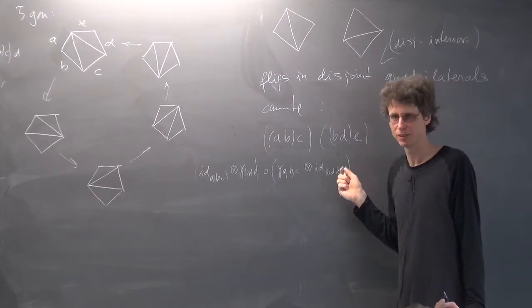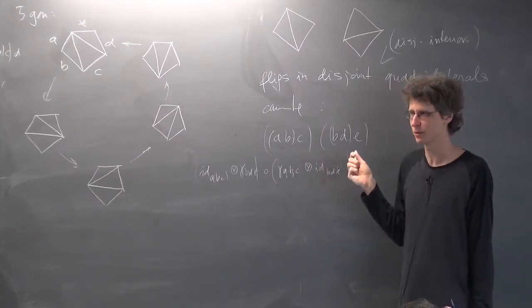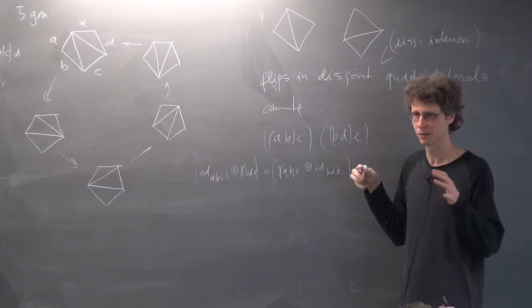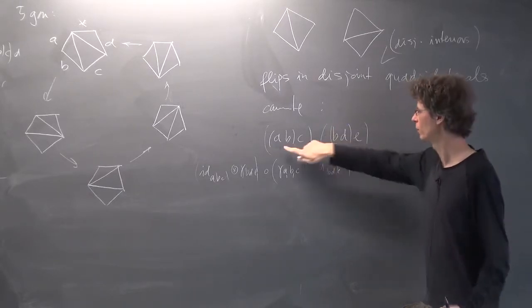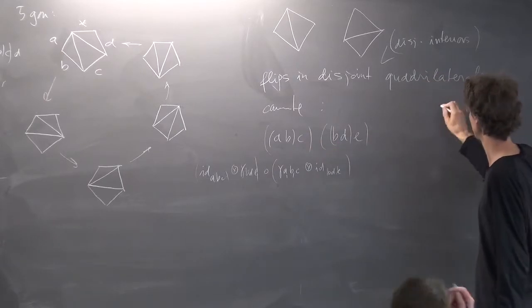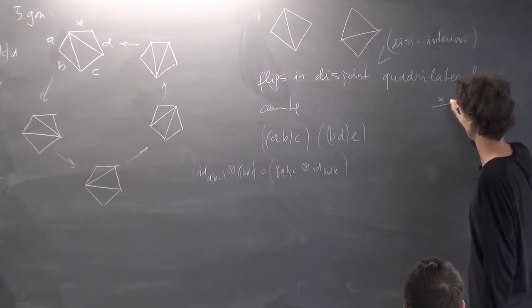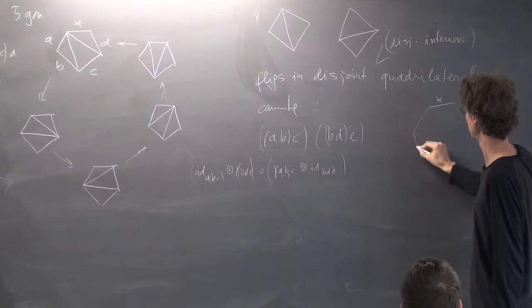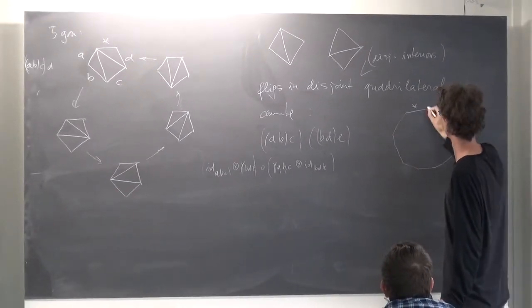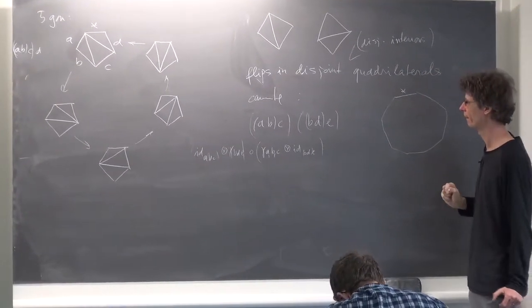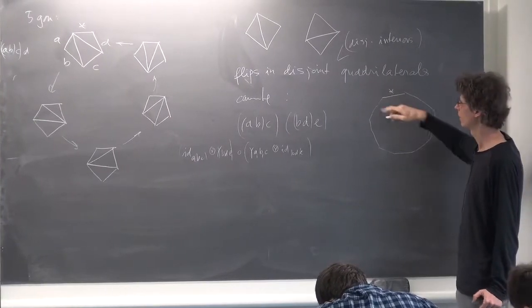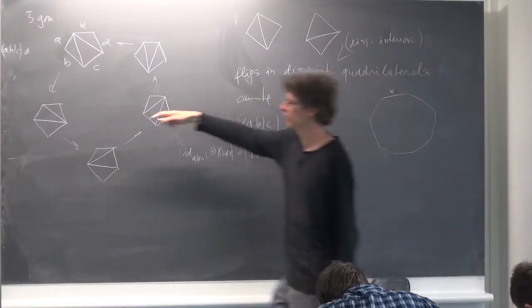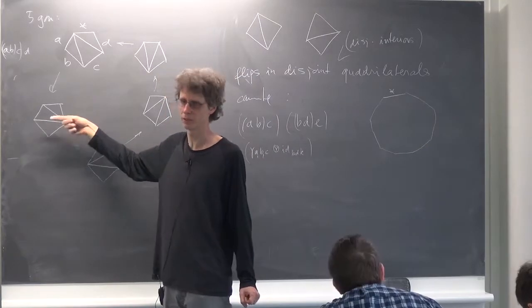But it might happen, so this is one possibility, it might also happen that those two groups are nested. So what is the corresponding thing to this? What's happening here? Here we have our star, then there is this polygon. And those flips always concern some particular diagonal.